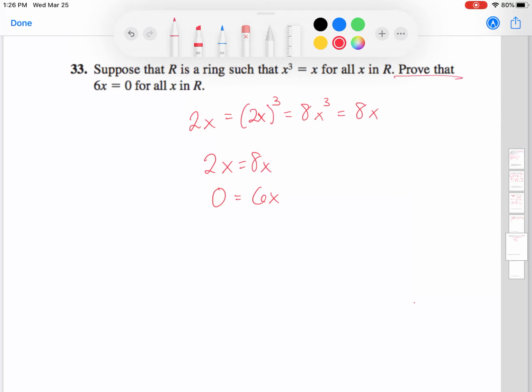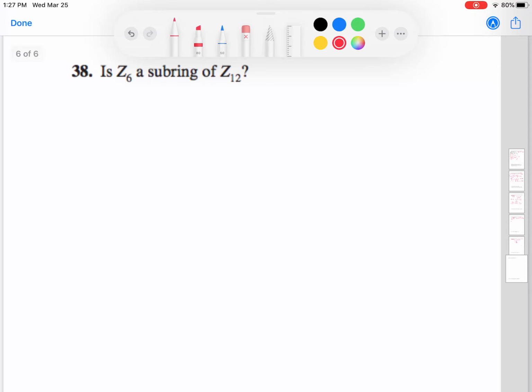Now we used an element in general, so we're able to say that 6x equals 0 for all x in R. So this one was all about knowing the right, careful starting place in order to make this work. Sometimes you might have to play around a little bit to find that right thing.